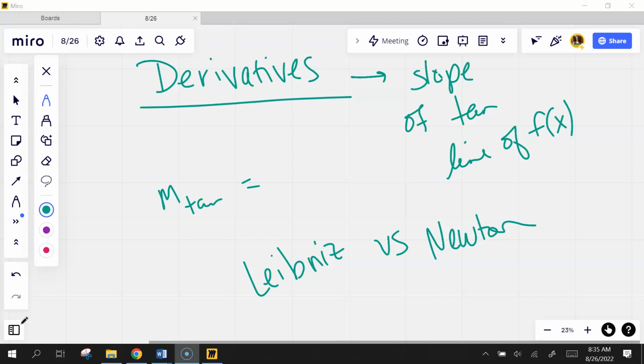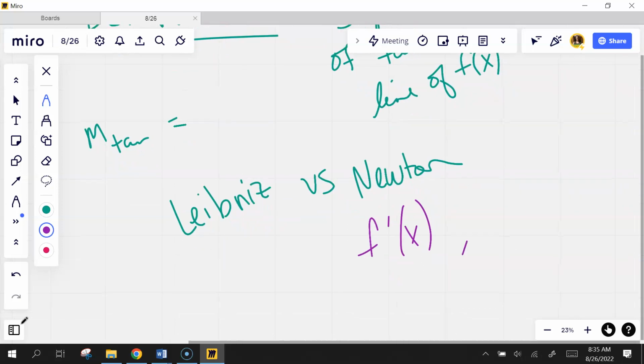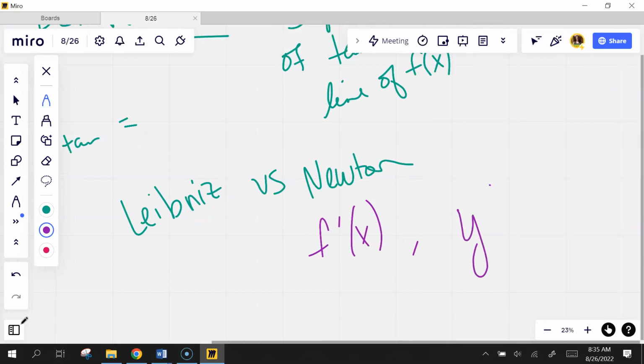But anyway, here's our notation, and some of them come from Newton, some of them come from Leibniz. I don't know how to say it. But this is the derivative of f with the little dash on it, one time. If you're describing it as y, if it's the derivative of y instead of f of x, we would just say y prime. I don't remember which one did which. One of them did the y prime, and one of them did the dy dx.